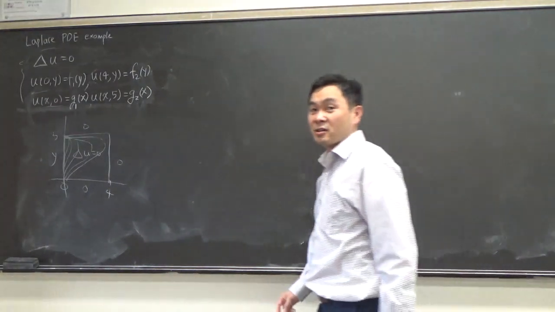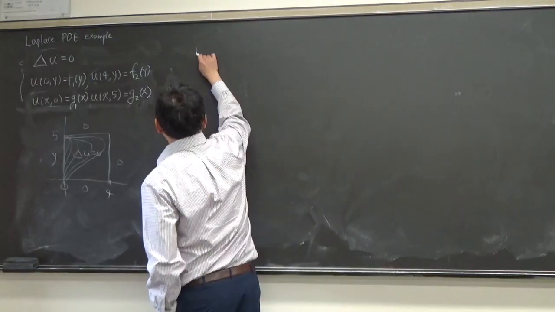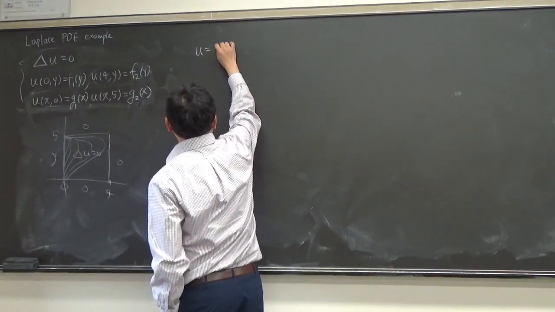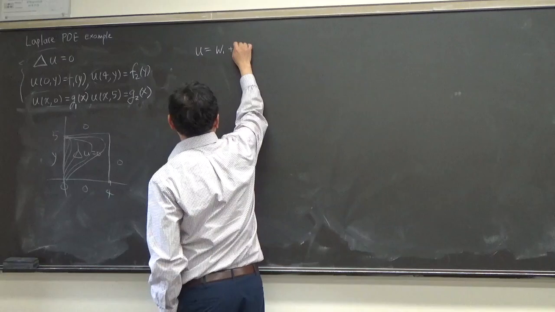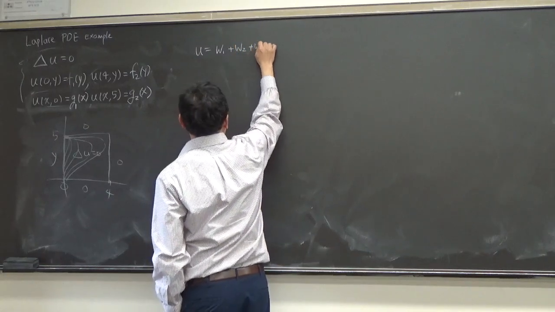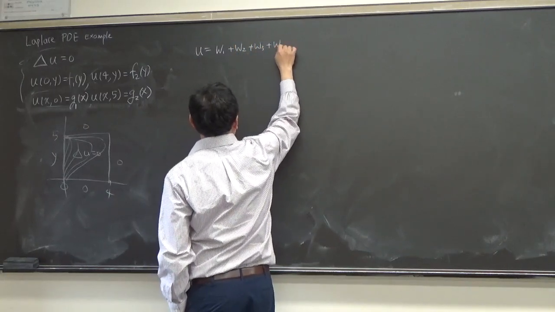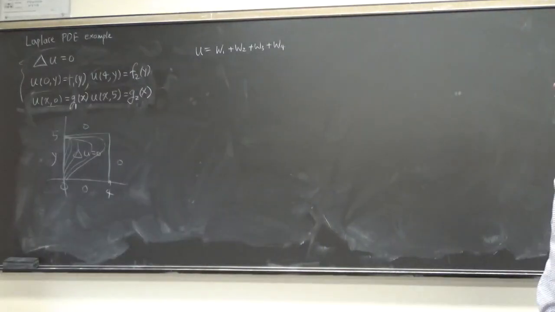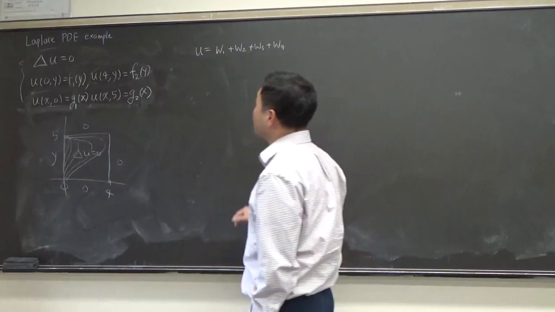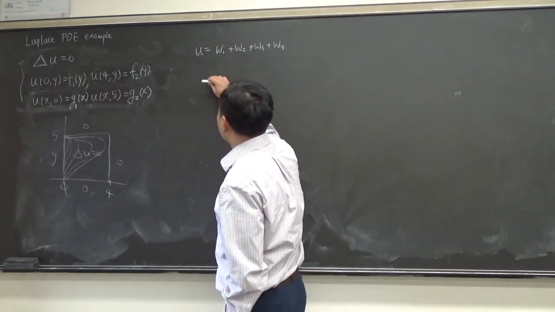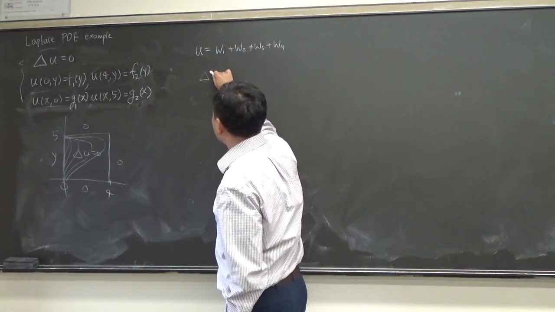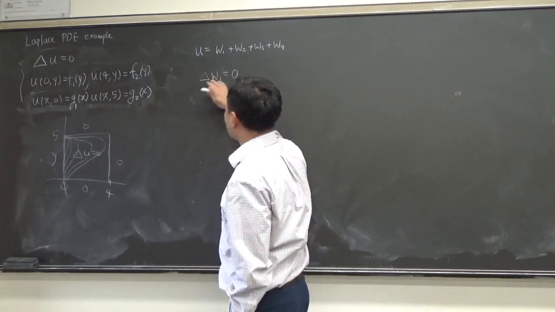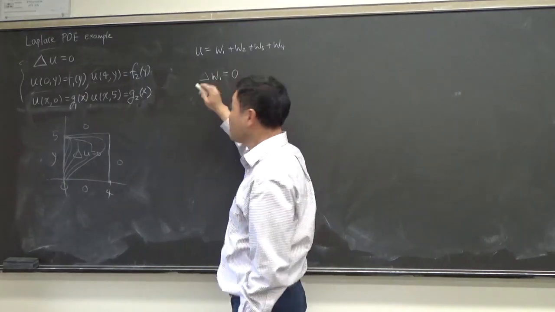Well, here's the idea. You set u as w1 plus w2 plus w3 plus w4, where w1 will be satisfying the Laplace equation too, right?